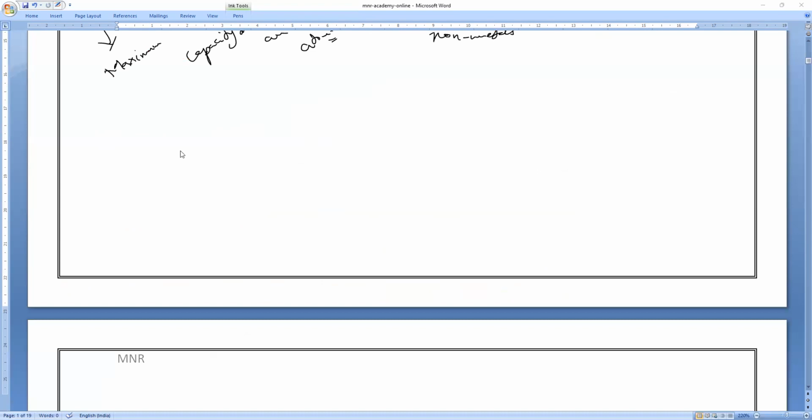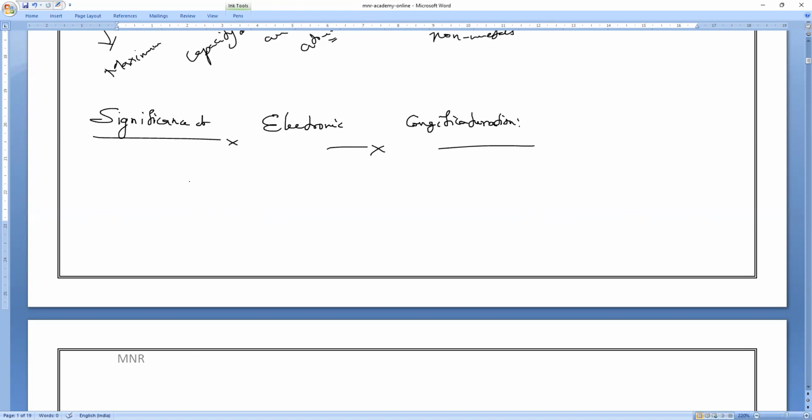All of you write it down. What is the significance of electronic configuration? What do you feel?